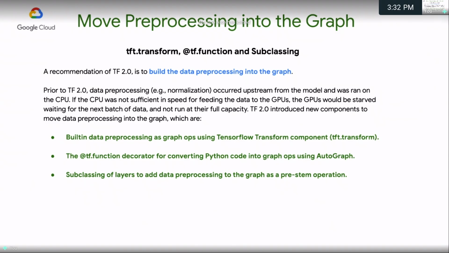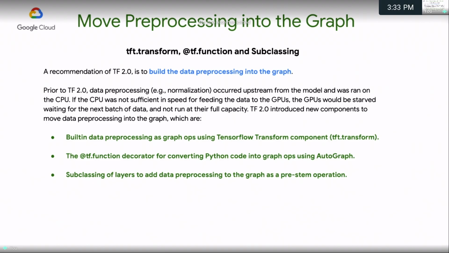The problem is when you did it upstream, that happened on the CPU, and the training happens on the GPU. You have to be able to process your data fast enough on the CPU that you're not the bottleneck and starving the GPUs. Of course, we've had a lot of great things with TensorFlow tf.data.